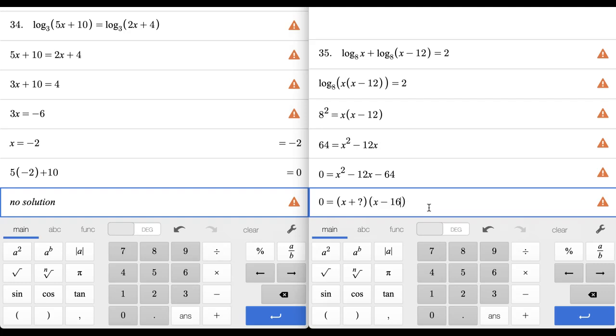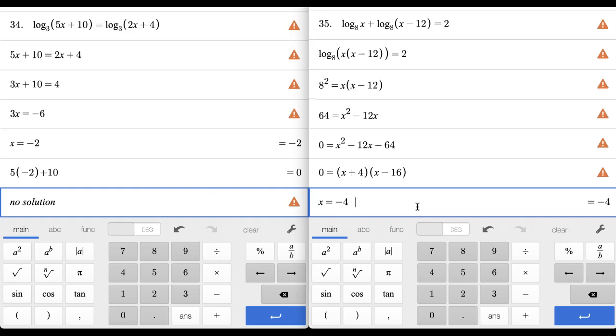Minus 16 and plus 4. Let's double check everything. x squared minus 16x plus 4x is negative 12x. And then 4 times negative 16 is negative 64. So that's good. So that means x equals negative 4 or x equals 16.